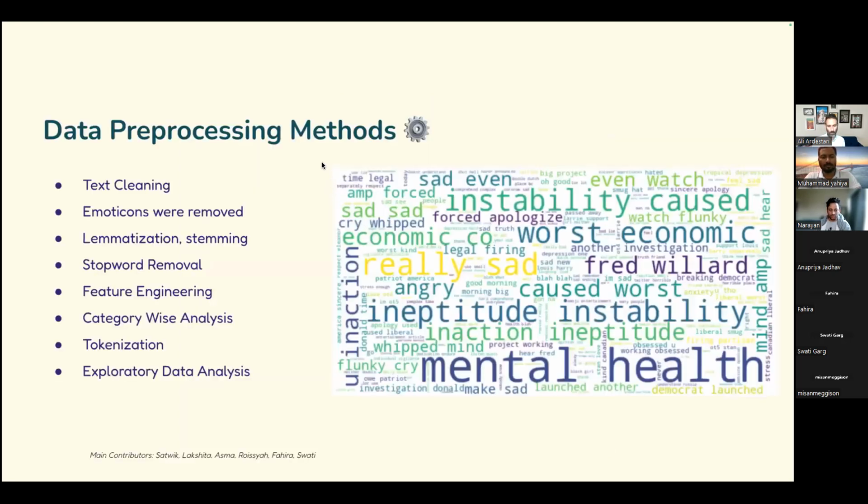So coming to data pre-processing, we performed various steps. As part of pre-processing, we did text cleaning, like removing unnecessary, unwanted and special characters, and then performed lemmatization and stemming and stop word removal, and we did exploratory data analysis as well.